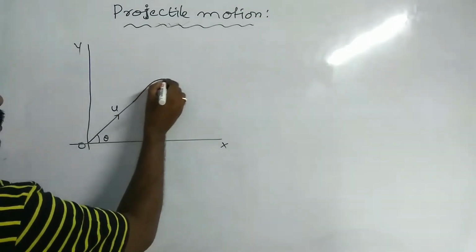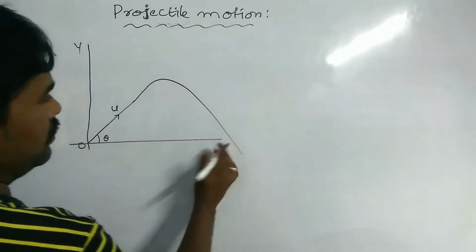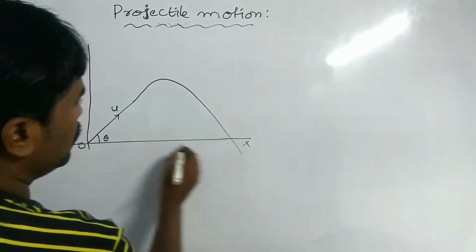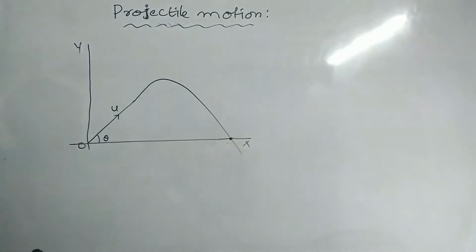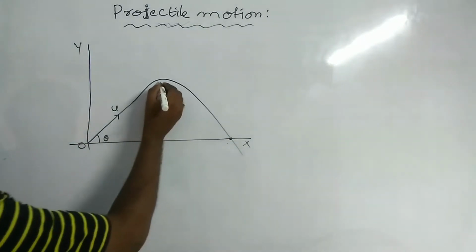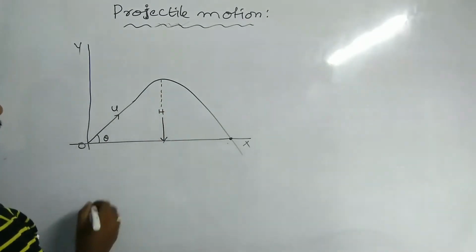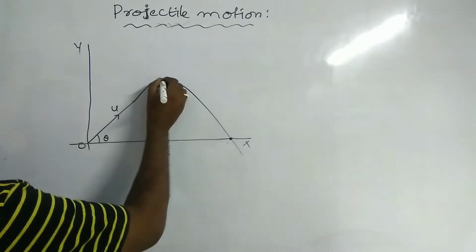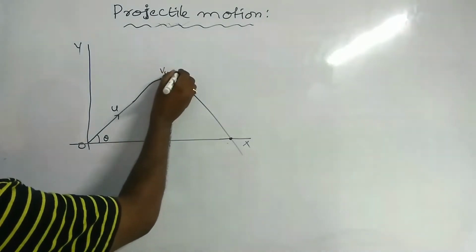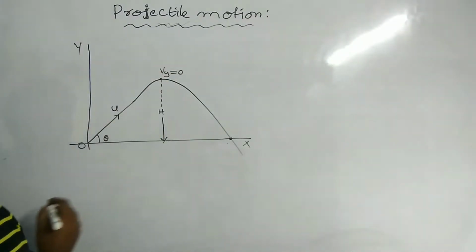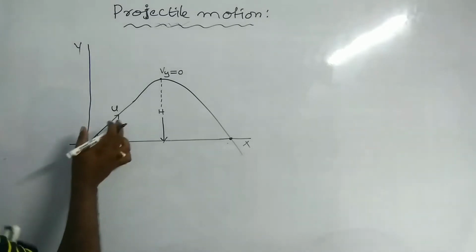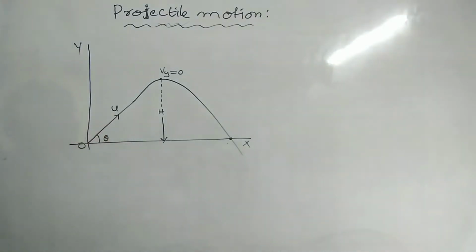It goes upward and reaches the ground point here. This is the maximum height of the projectile, capital H, and at the maximum height point the final vertical velocity of the body is equal to 0. Here u is the initial velocity of the body.